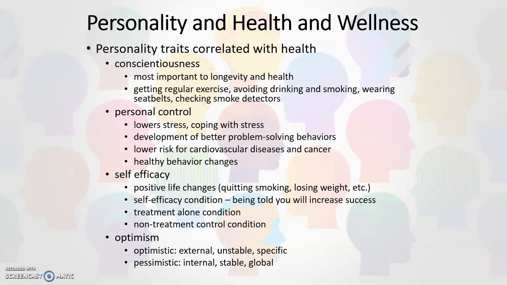You need personal control, lower your stress, figure out how to cope with stress, make sure you have healthy behavior changes, self-efficacy, positive life changes, quit smoking if you smoke, lose weight if you're overweight, because that can be a detriment to your health. Optimism: being an optimistic or pessimistic person can sometimes be a more stable or more internal stress on yourself.